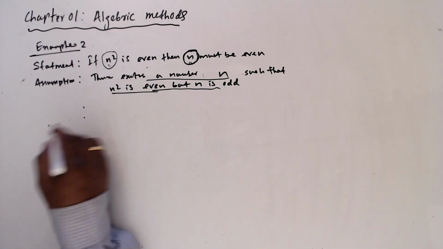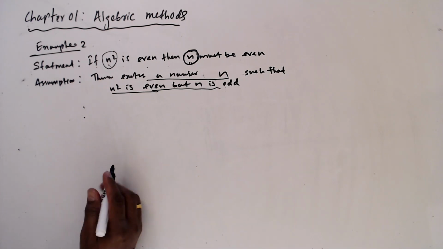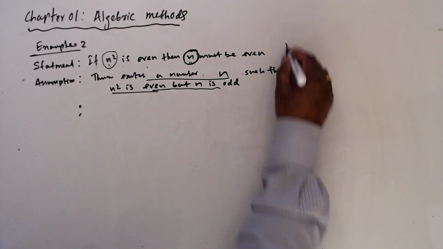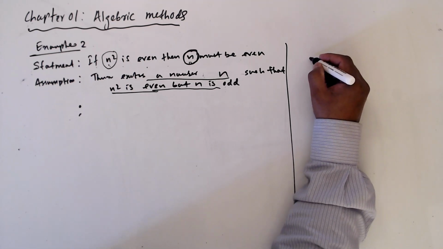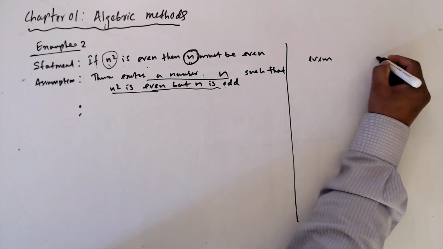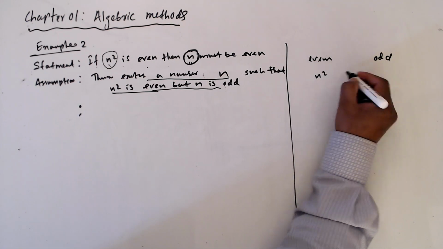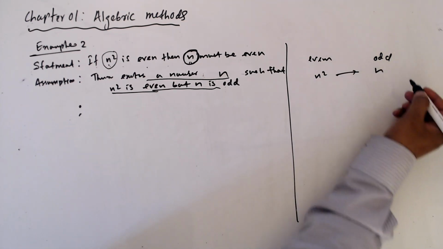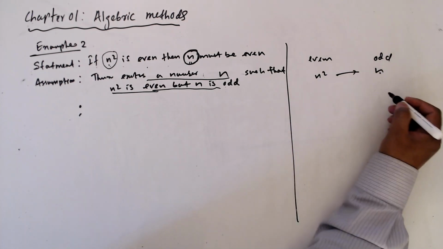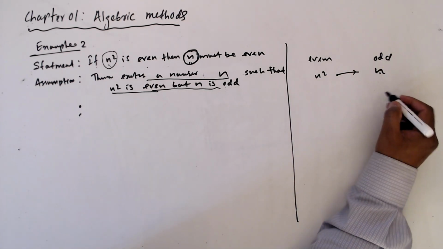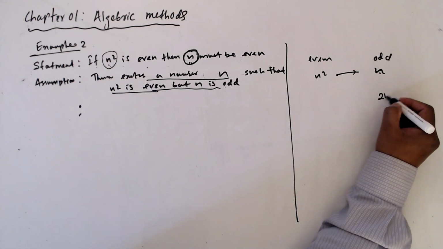Now we have to give a mathematical argument. We'll do a bit of a sketch. So n square is even, n is odd. That's the assumption negation. Any n number we can write as 2k plus 1.